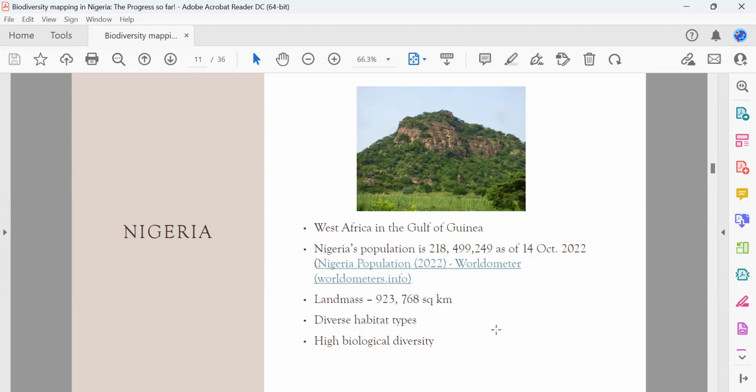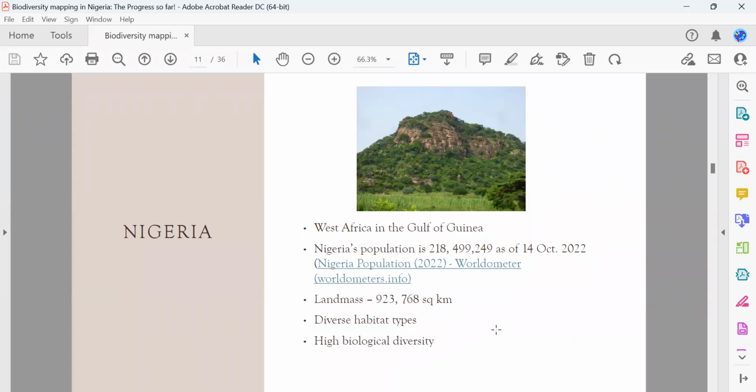The landmass of Nigeria is over 920,000 square miles, which makes Nigeria the 32nd largest country in the world. And of course, there are diverse habitat types ranging from forest to wetlands to savanna, which is also classified into different zones: Sudan savanna, Guinea savanna, and Sahel savanna. Then we also have semi-desert and desert areas in the far northeast.